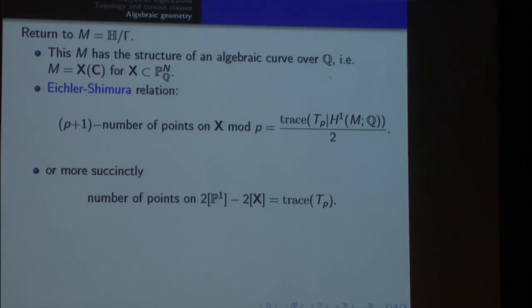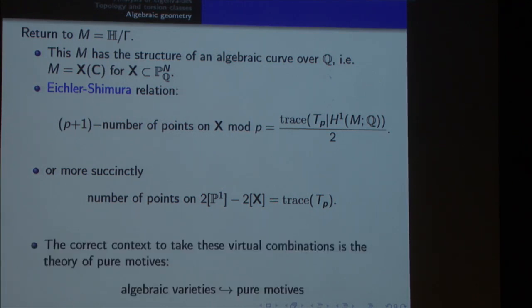The only reason I write it that way is to say that there's a natural context where you can take this sort of thing, and that's the theory of pure motives. The theory of pure motives is some larger abelianization of the category of varieties, and it allows you to make sense of combinations like this.